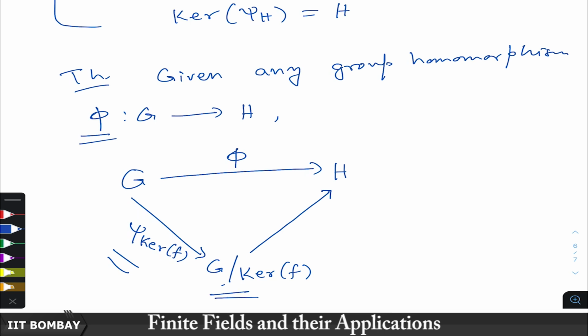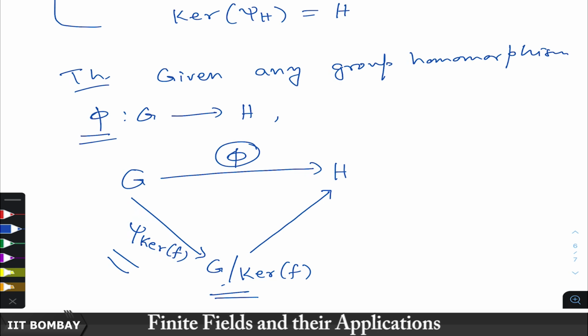Now, that collapse was being done by phi here, but now we are saying that phi can be broken into two parts. It can be visualized as a composition of two group homomorphisms. One first collapses the cosets into single elements and visualizes them as elements in the quotient group, and then for those elements there is a map that takes them to the image of phi.